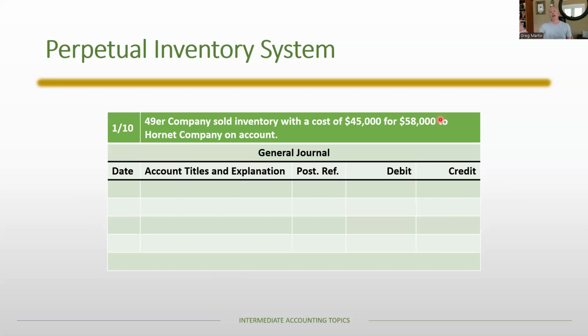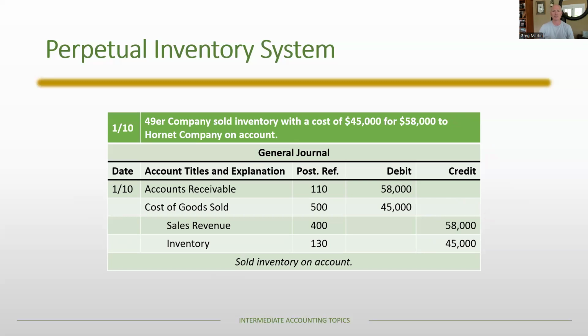We're creating one asset and consuming another asset, and they are simultaneous but distinct transactions. Whenever we're creating an asset through our operations, that's where we're generating revenue. And because it's on account, that asset is called accounts receivable. So you can see the AR account and sales revenue, those are married together.